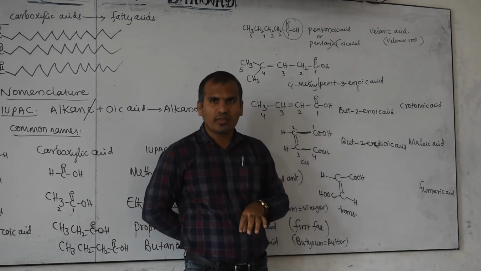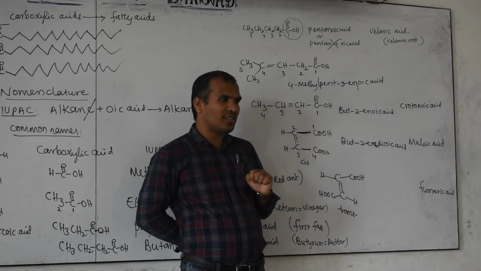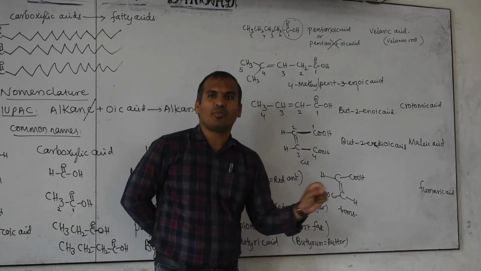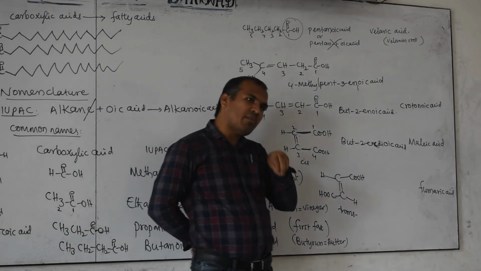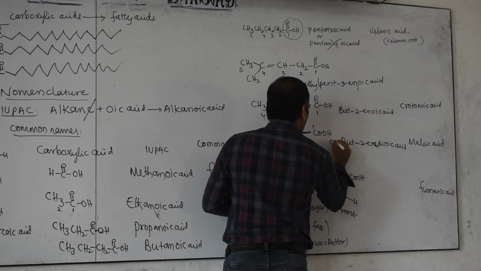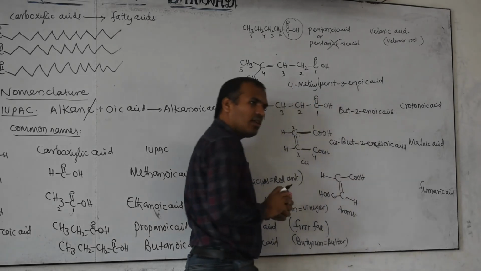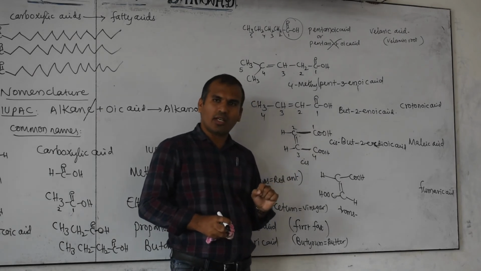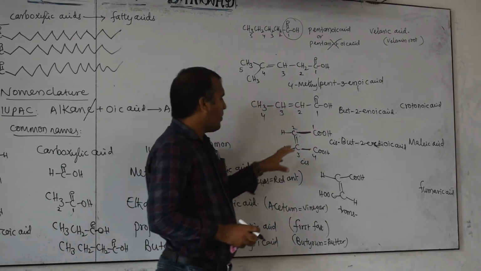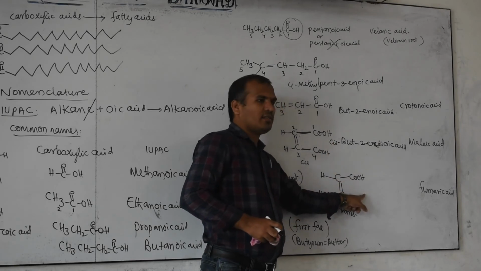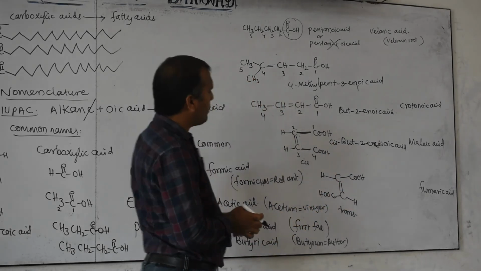That time confusion starts. You may think nothing is specified, so you choose both. But they will mention specifically cis or trans. If not mentioned, you have to choose both, since the same name applies. If you want to specify, you write trans in the IUPAC name.